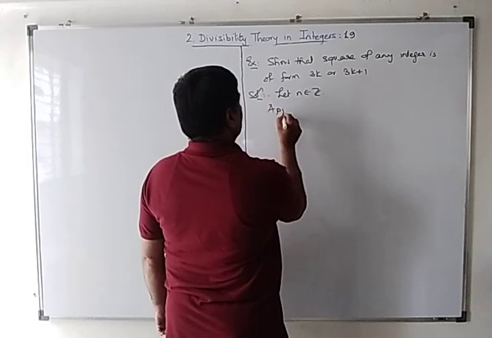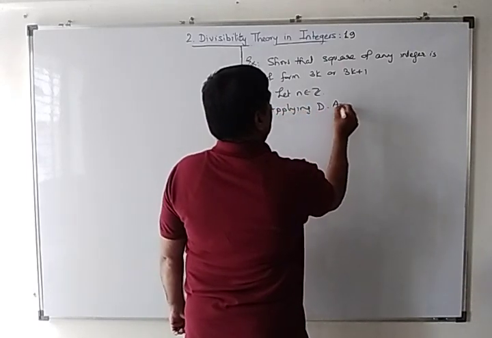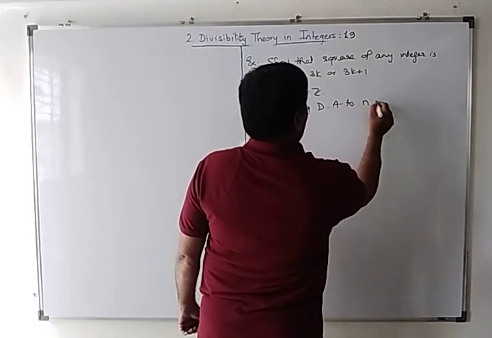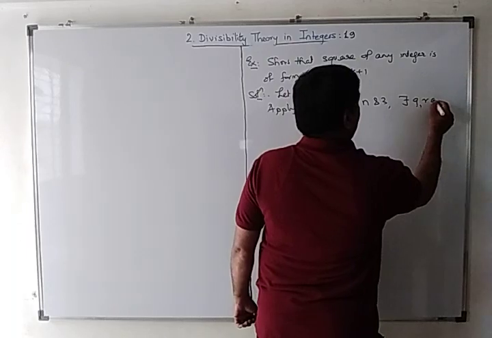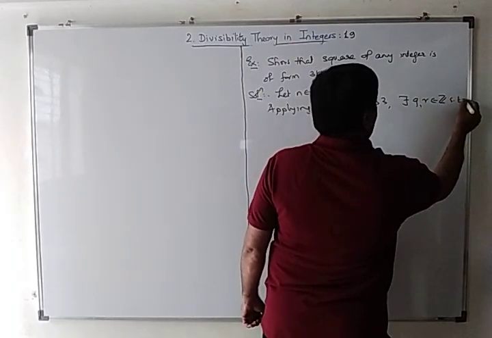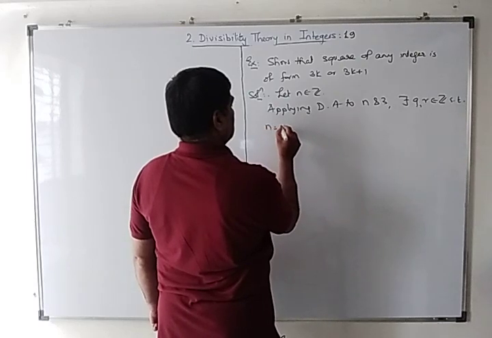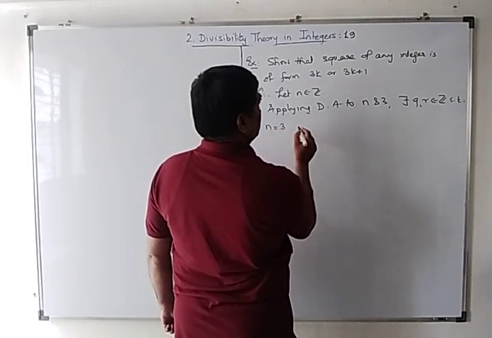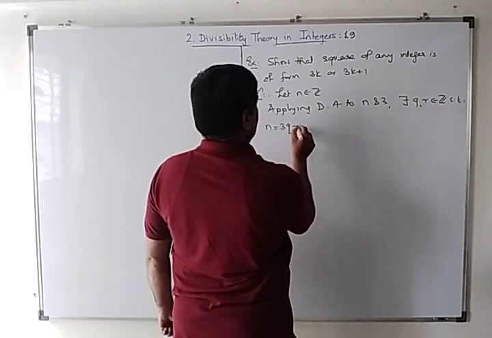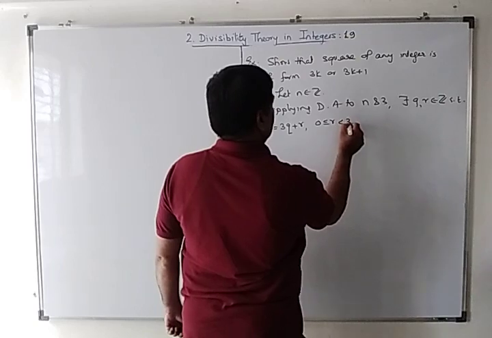Applying the division algorithm to n and 3, there exist some q, r belonging to Z such that n is equal to 3q plus r, where 0 less than or equal to r less than 3.